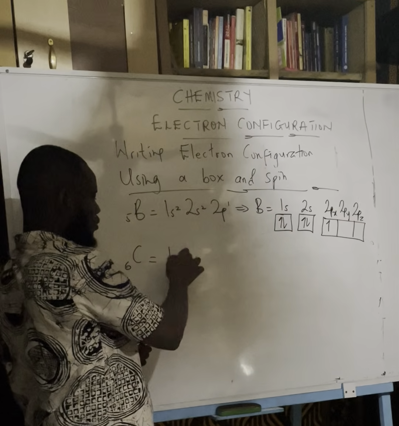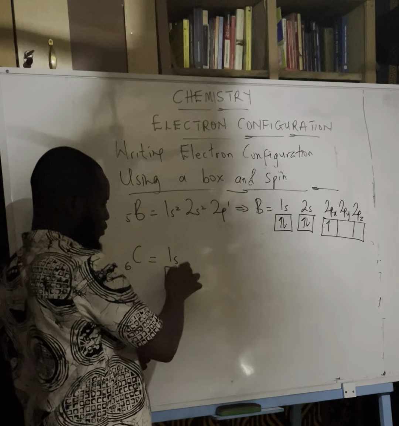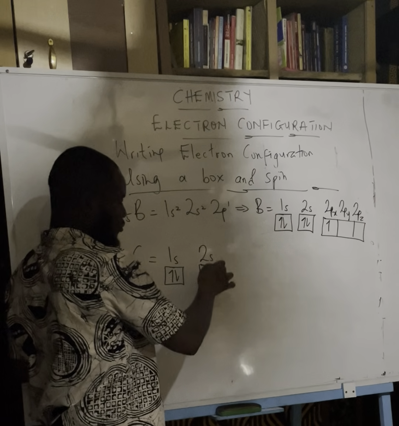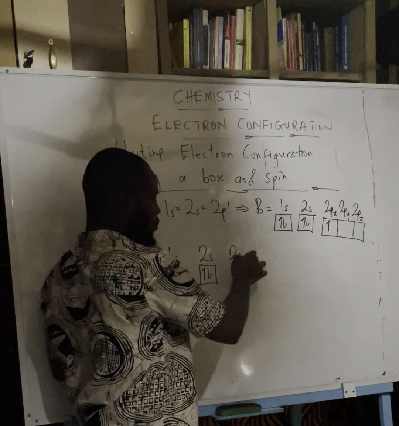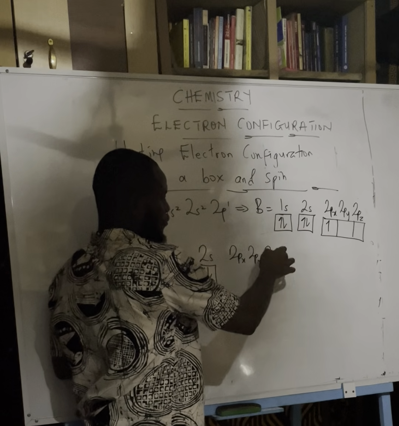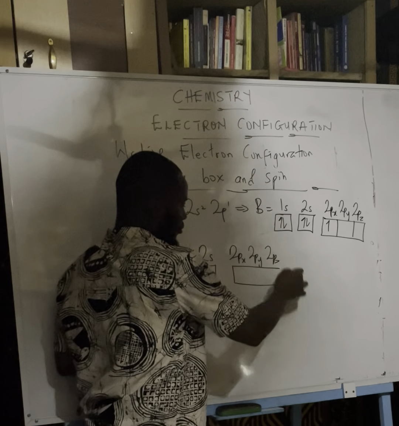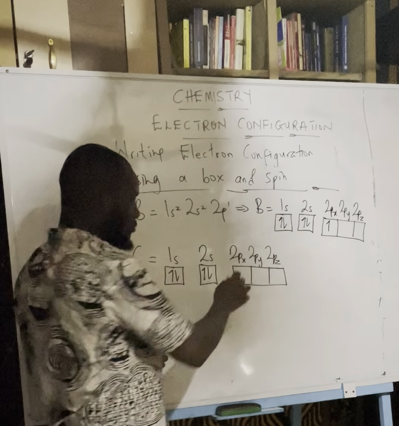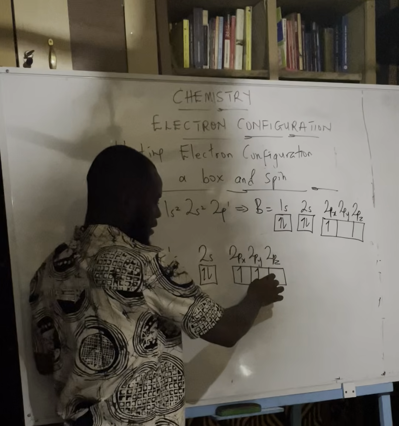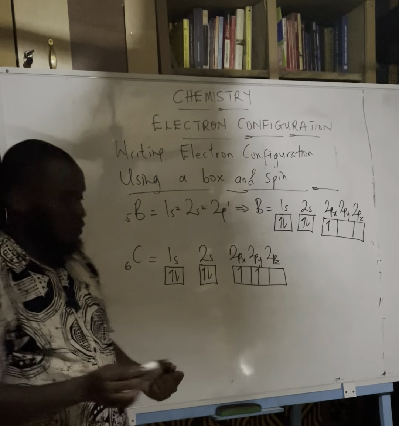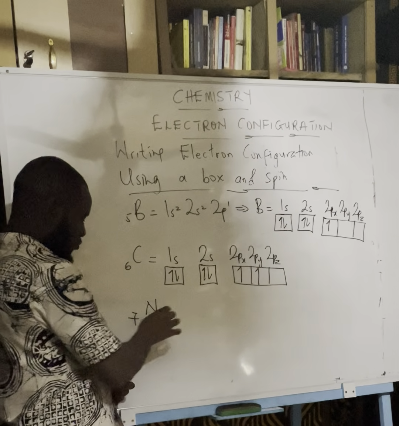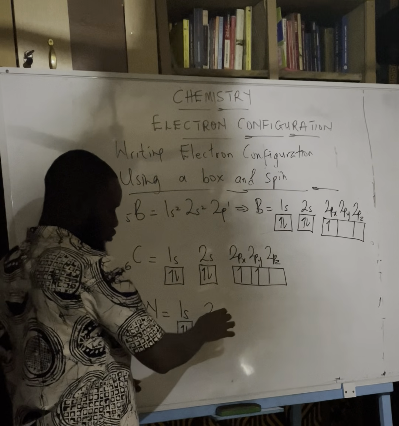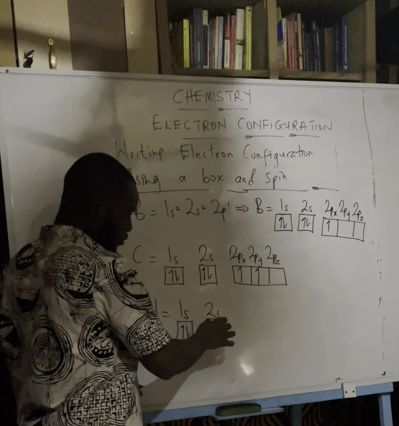Now, let's go to carbon. So carbon, 1s, the box is going to take 2. You go to 2s2, this box takes 2. Then you go to 2px, 2py, 2pz. So here, according to Hund's rule, when you come here, you fill them, this will take 1, this will take 1, and that is for carbon. Nitrogen, you are going to have 1s, which is going to take 2, 2s, which also will take 2.